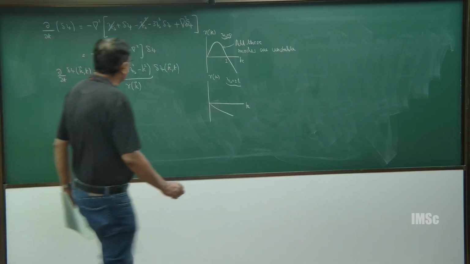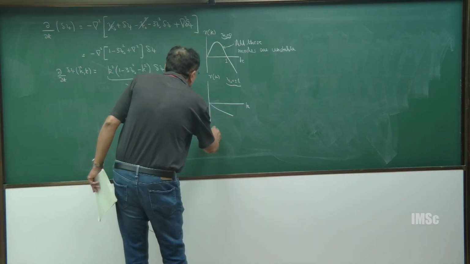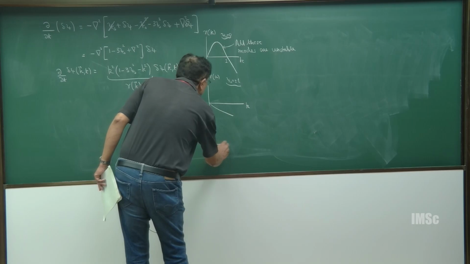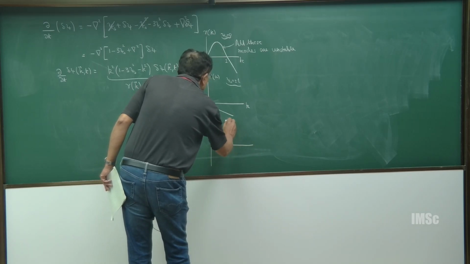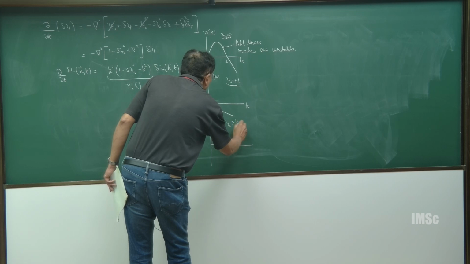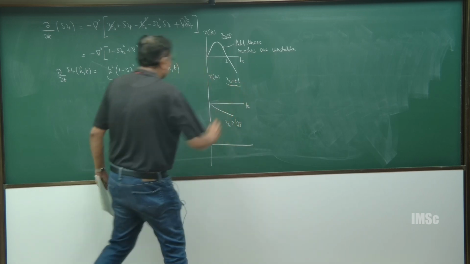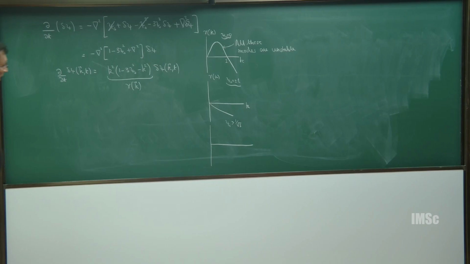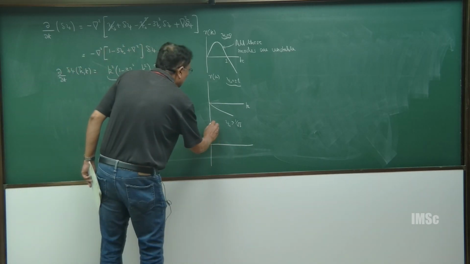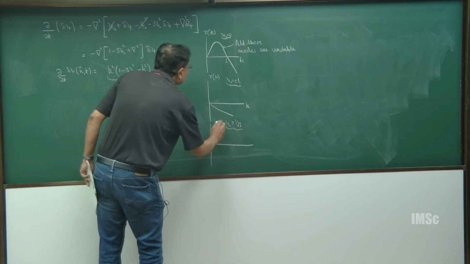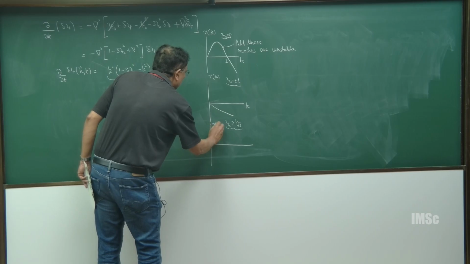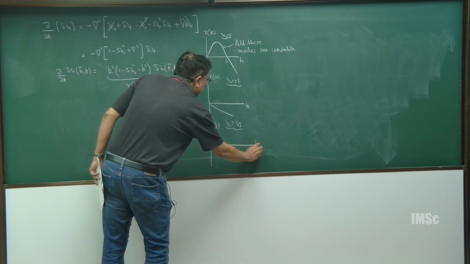The funny thing that happens is the following. Let's consider psi 0 greater than 1 over square root 3. Okay, and I'm going to plot now gamma k versus k.